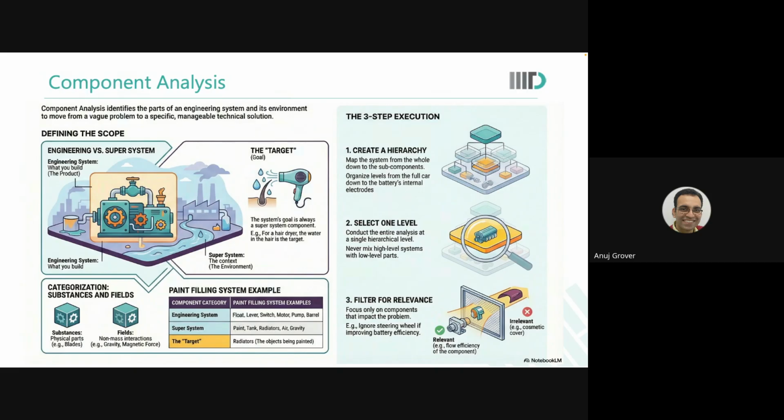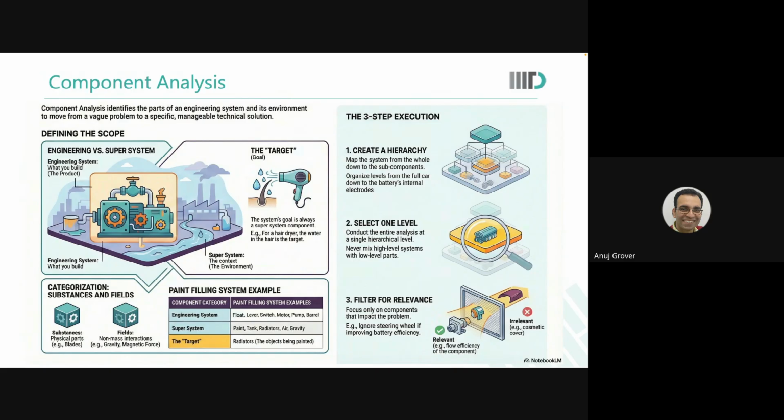We discussed that the first step in doing component analysis is creating a hierarchy of components and deciding which hierarchy you want to operate at. Any component analysis cannot have system components across the hierarchy.